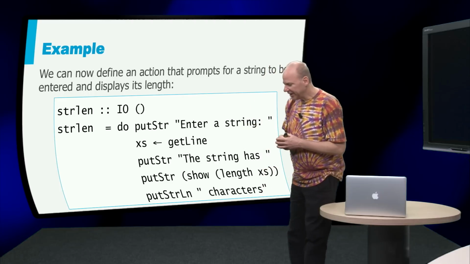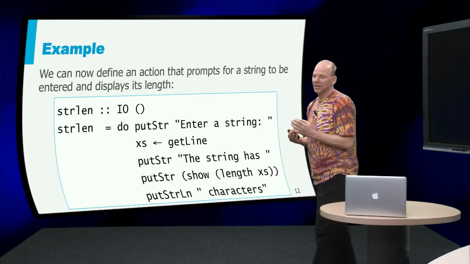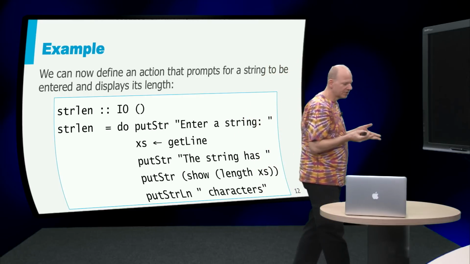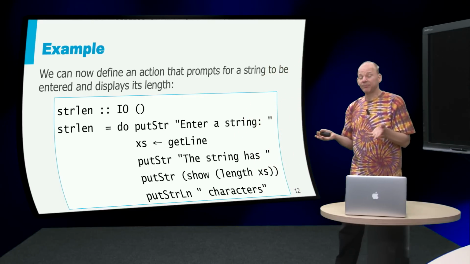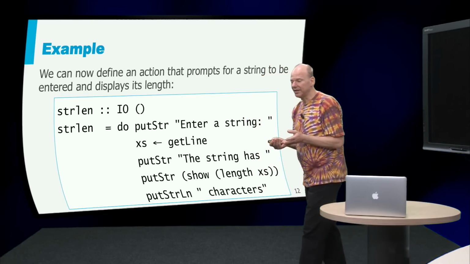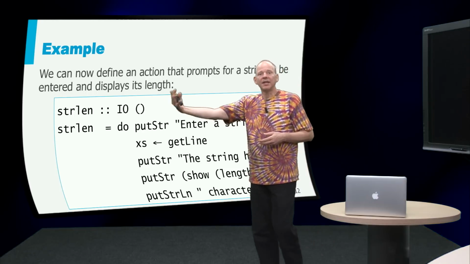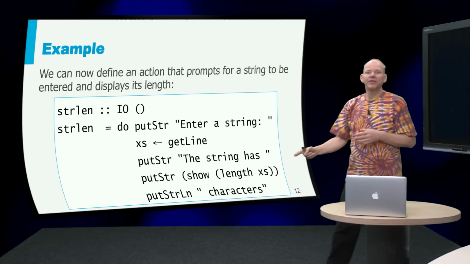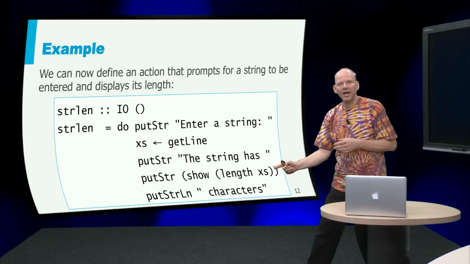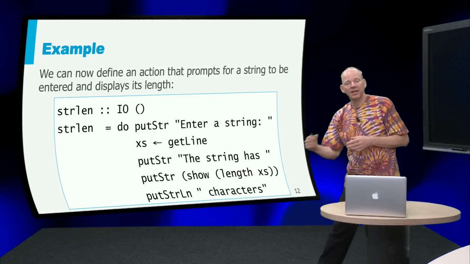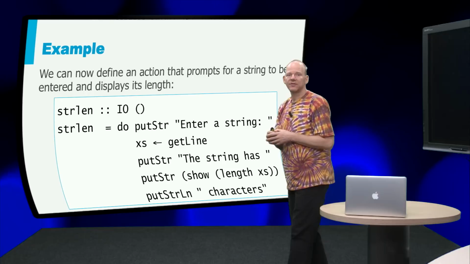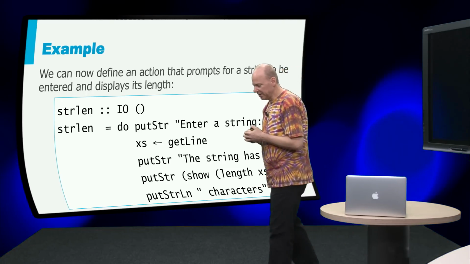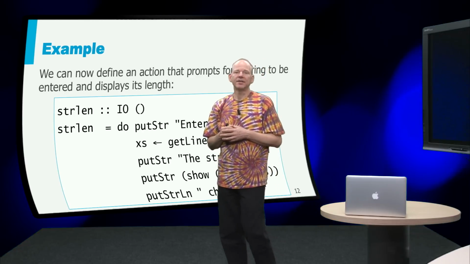The beauty of all this is that we can mix and match imperative code or IO code with all the functions that we have defined before, in particular functions over lists, because strings are just lists. So we can imperatively read a string from the standard input, then use regular list functions on that string, and then imperatively, within the IO monad, write this to the standard output.